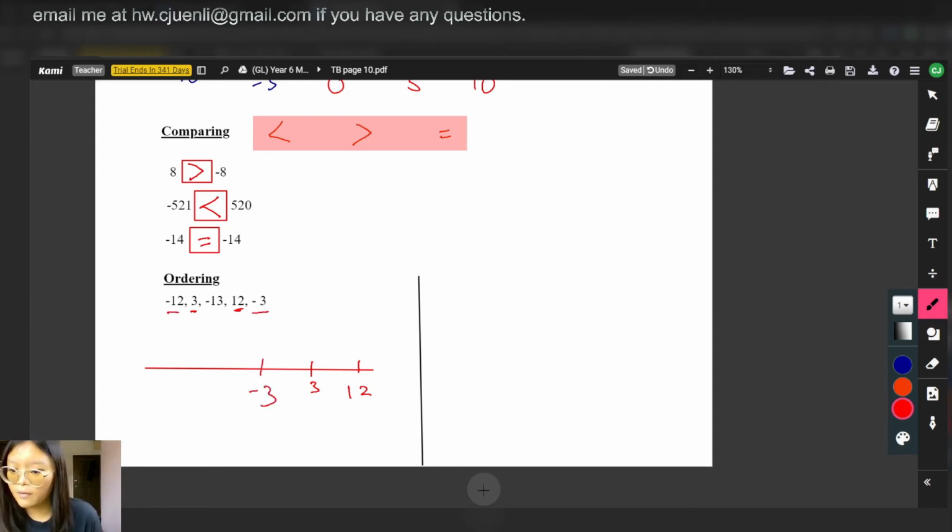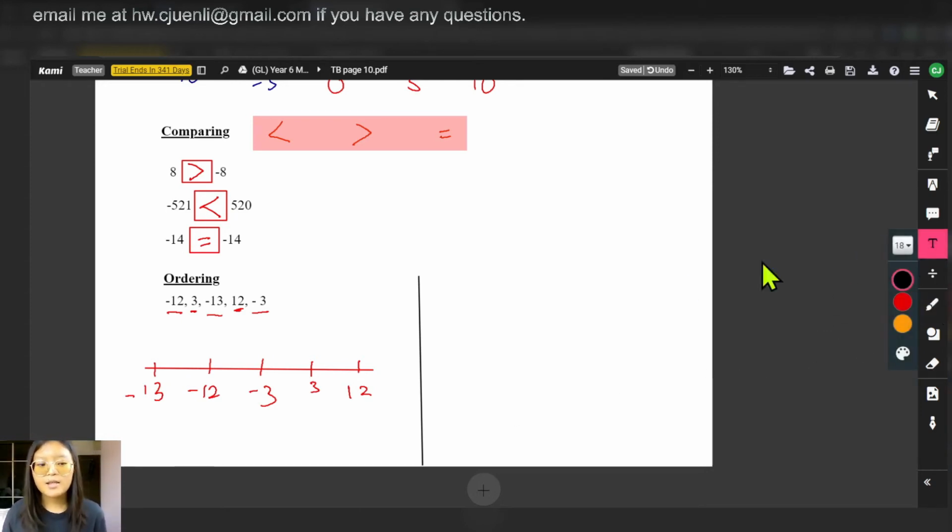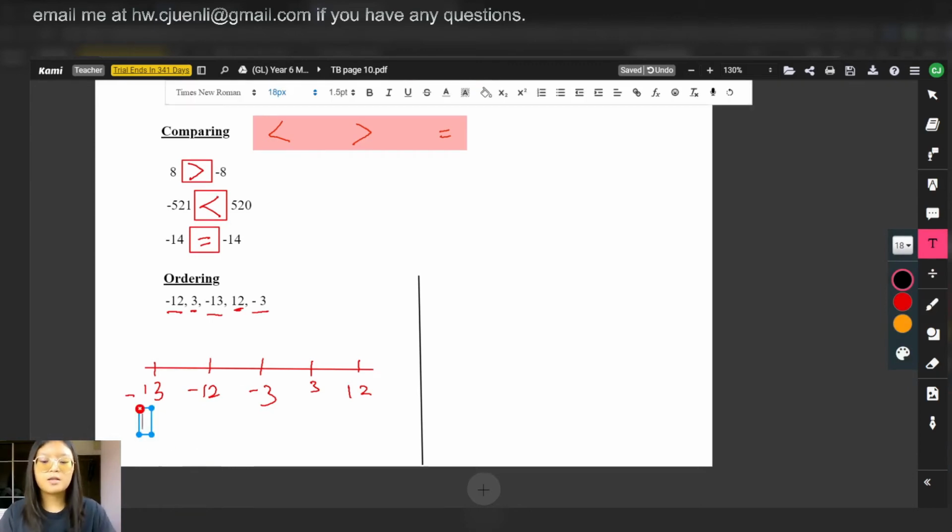And then we have negative 12 and negative 13. So from this set of numbers, is it going from smallest to largest, or is it largest to smallest? Well, in this case, it is actually from smallest to largest, right?